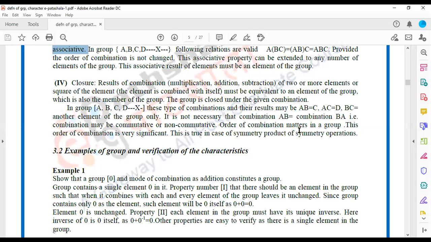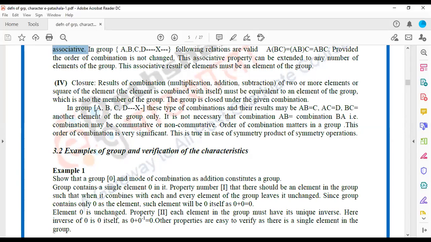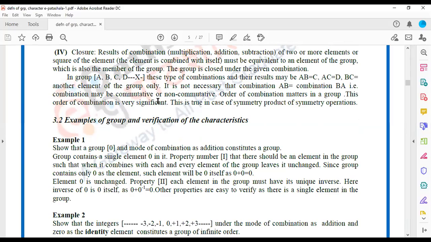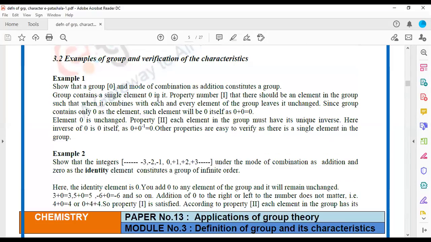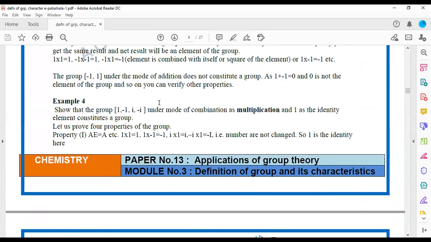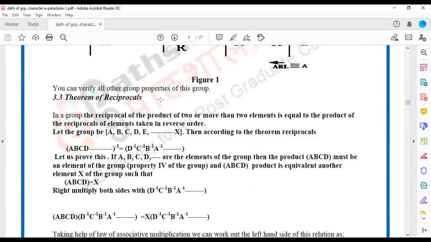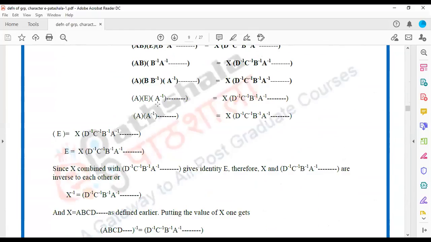Non-commutative means AB is not equal to BA, but it is equal to some other element, like AB is equal to C, BA will be equal to D. We don't know, but those two elements should be a part of the group. So this closure rule can involve both commutative as well as non-commutative. We will take an example, the example of the water molecule, and then you will understand and apply this rule.